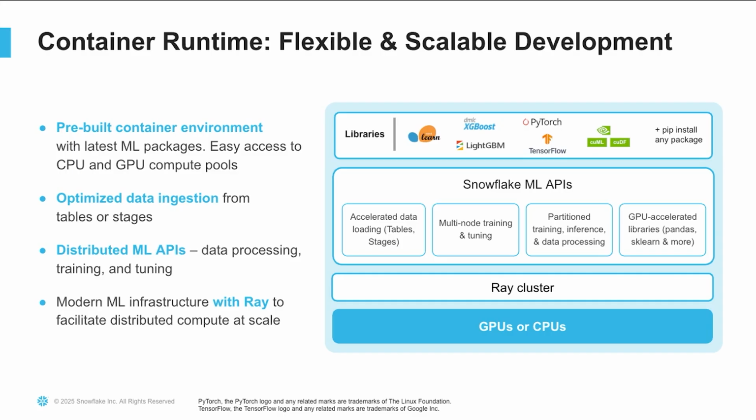Once we have the data loading, we also have a set of APIs for distributed ML training and hyperparameter tuning. So think of XGBoost, LightGBM, PyTorch, and so on, as well as hyperparameter tuning APIs for any such training library themselves. We also have newer frameworks.